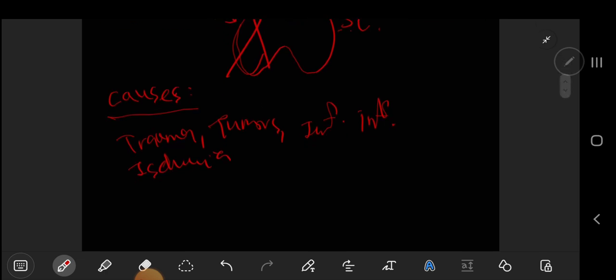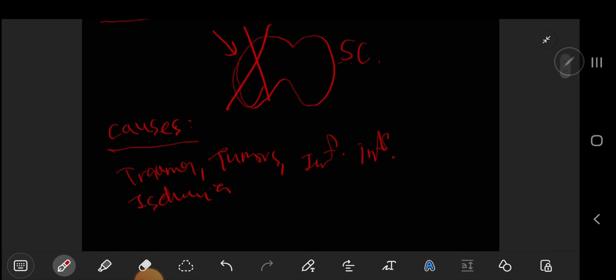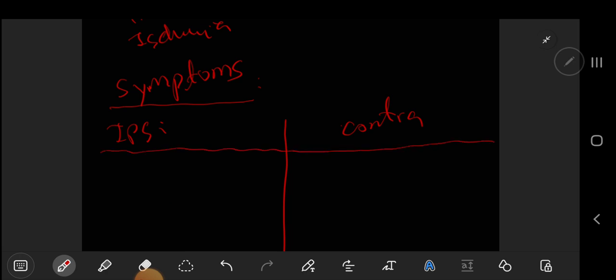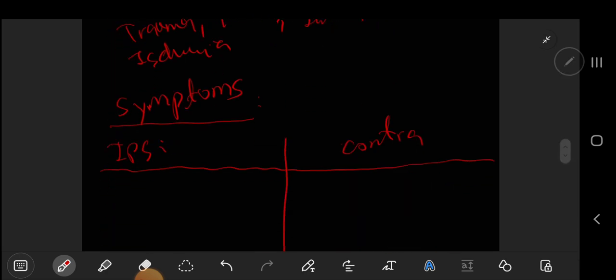And now the very interesting thing about this syndrome is the symptoms of the disease. So what are the symptoms? There are ipsilateral and there are contralateral symptoms, and it is based on which tracts are damaged from a one-sided spinal cord lesion.